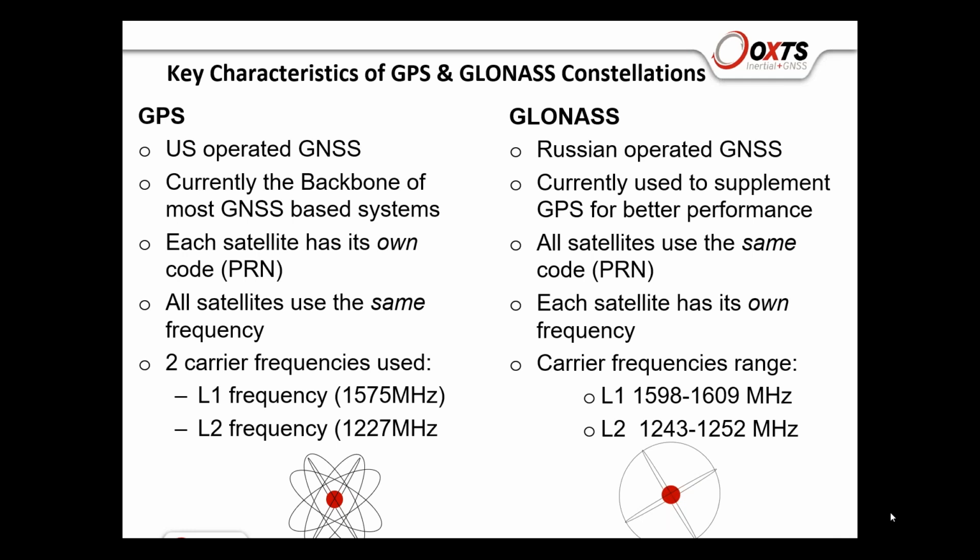All satellites use the same frequency. With GLONASS, all satellites use the same code. Each satellite has its own frequency. This means that for GPS, you have 2 discrete carrier frequencies, one for L1 and one for L2. For GLONASS, you have 2 ranges of carrier frequencies, a range for L1 and a range for L2.